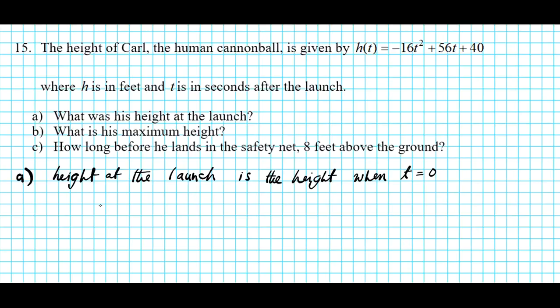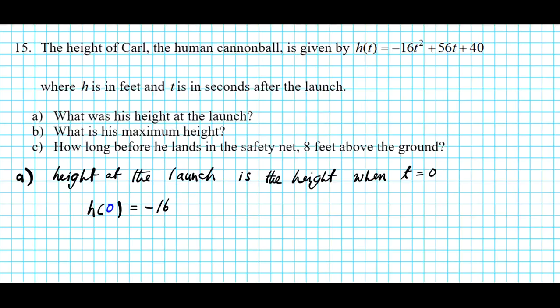So what are we going to do here? What we're simply going to do is evaluate this function when t equals 0. We are supposed to find out what h of 0 is. H of 0 is simply what you get when you substitute 0 for the t's in this quadratic function. Okay?